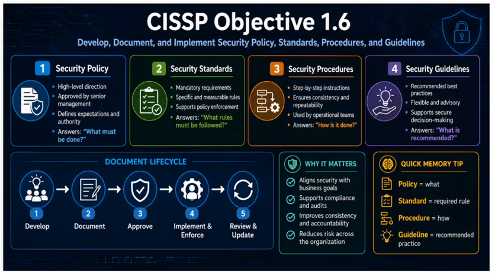Five, understand that guidelines are recommended but usually optional. Six, remember that senior management provides authority and accountability for security policies. And seven, remember that security documentation must support business goals, risk management, legal requirements, and compliance obligations.